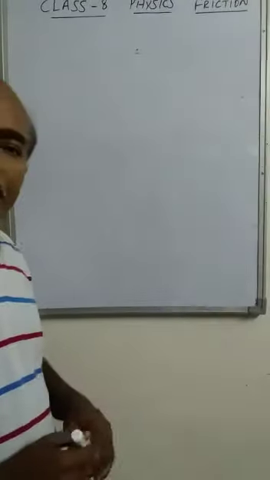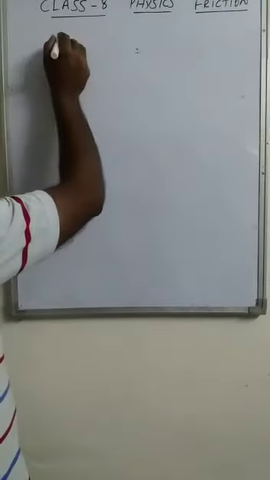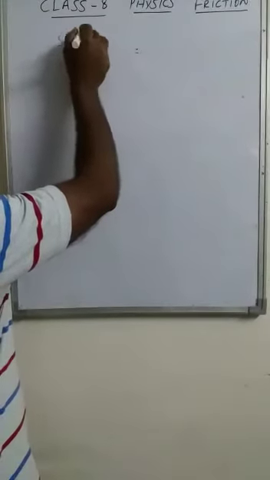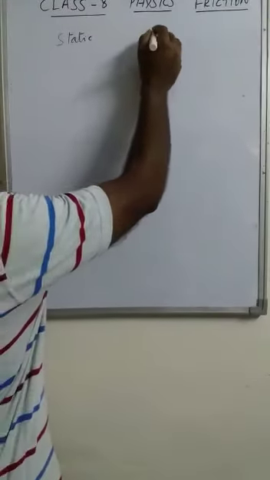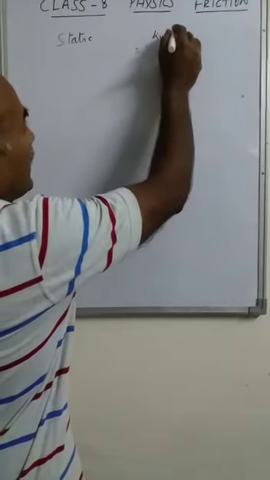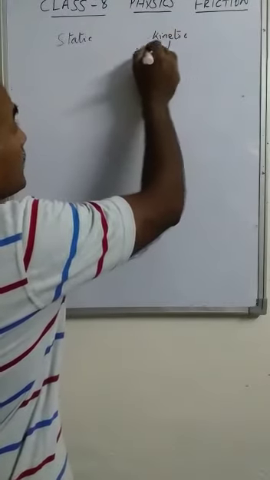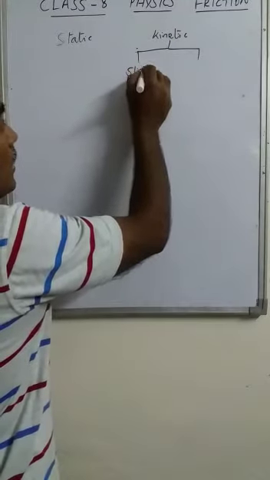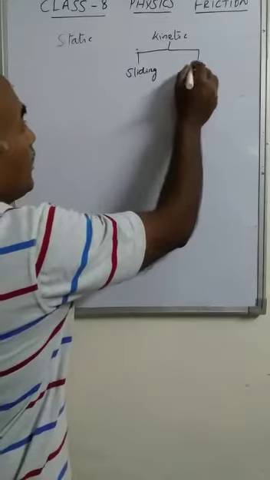Once again, I repeat: static friction, kinetic friction. In kinetic, we have two types. That is sliding and rolling friction.